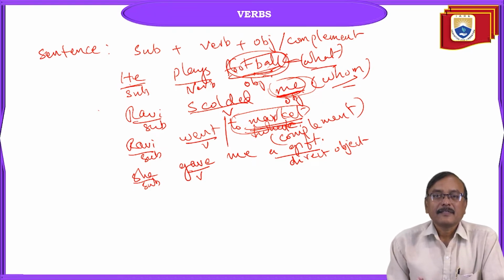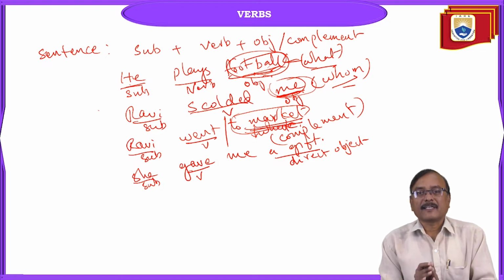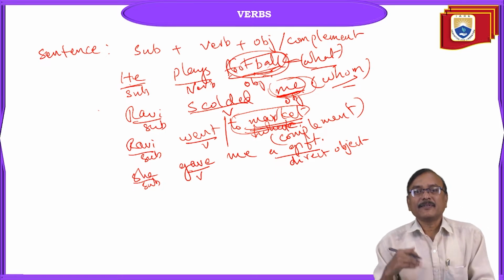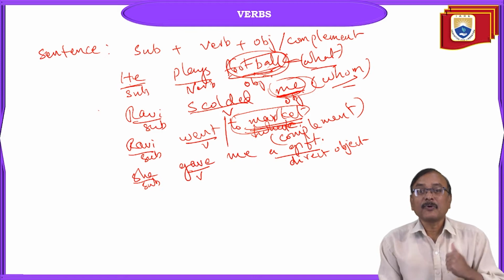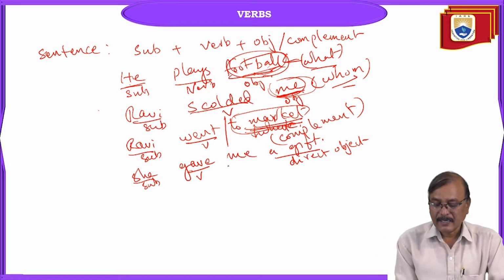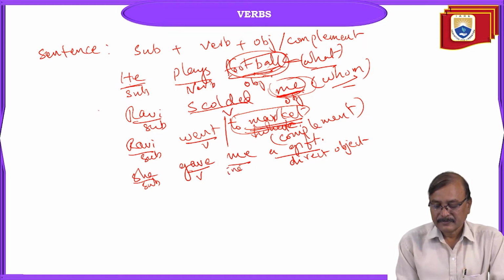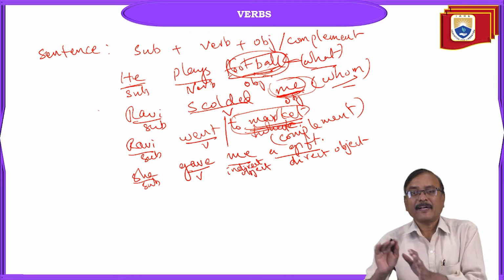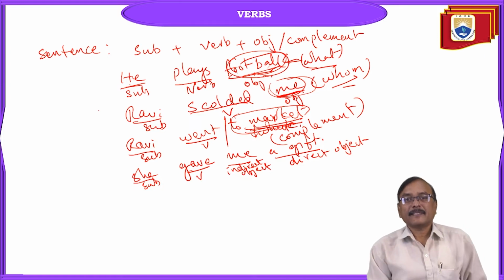She gave a gift. Your first question is: she gave what? The answer is gift. Then you raise another question: she gave a gift to whom? The answer is to me. This me is the indirect object. Now, are you clear on identifying the direct object and indirect object?